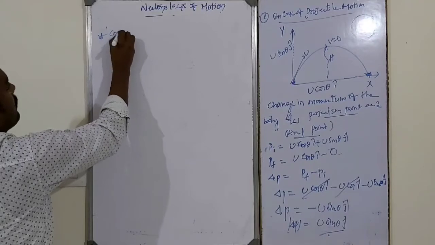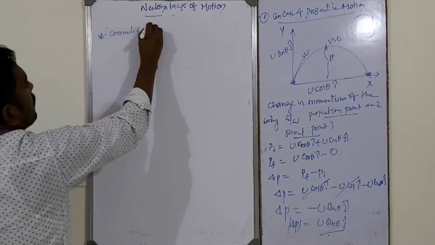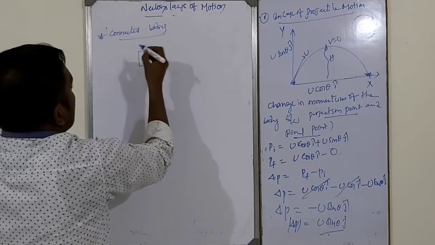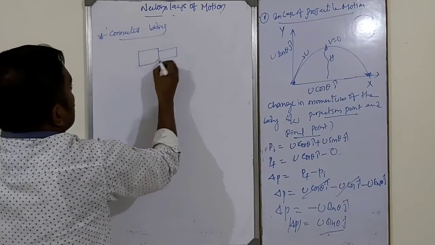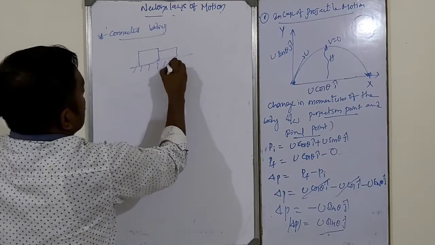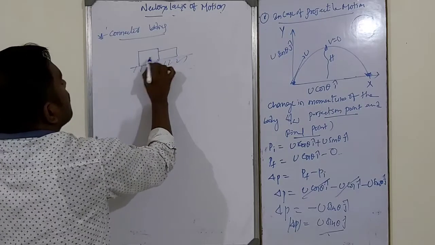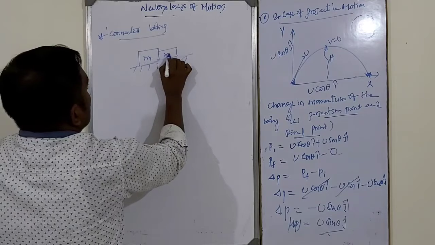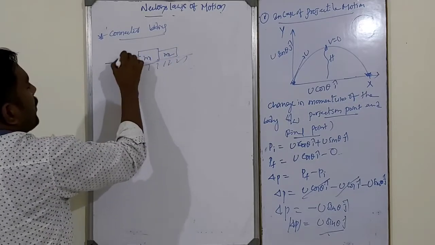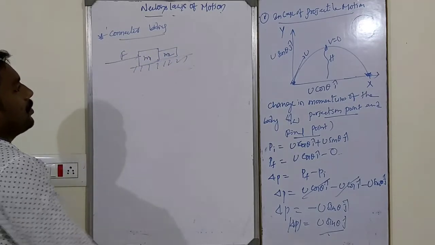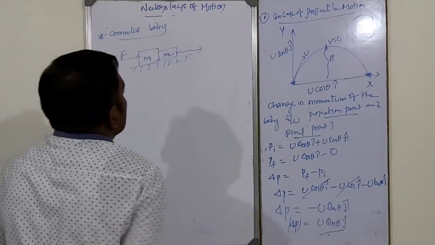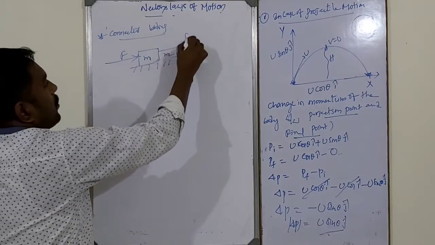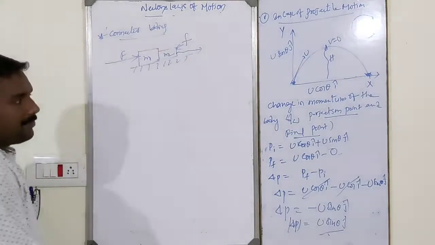Suppose this is a body connected with another body, of masses m1 and m2. A force is applied on it and the body moves. Whenever an external force is applied in this direction, the frictional force acts in the opposite direction.